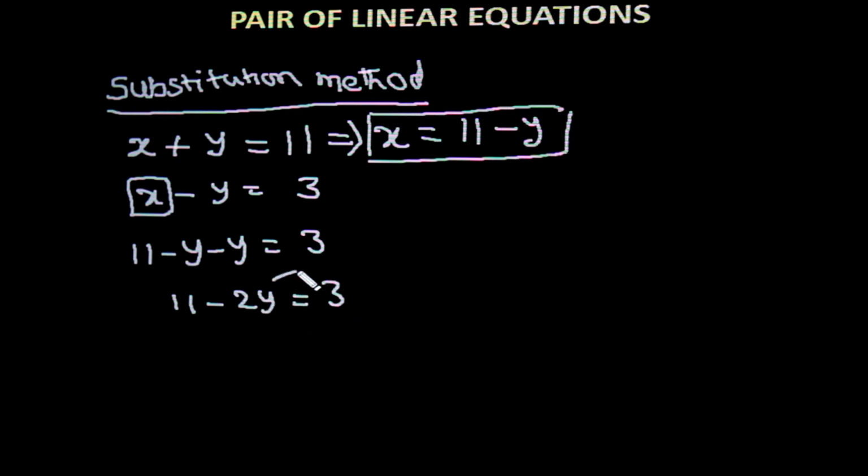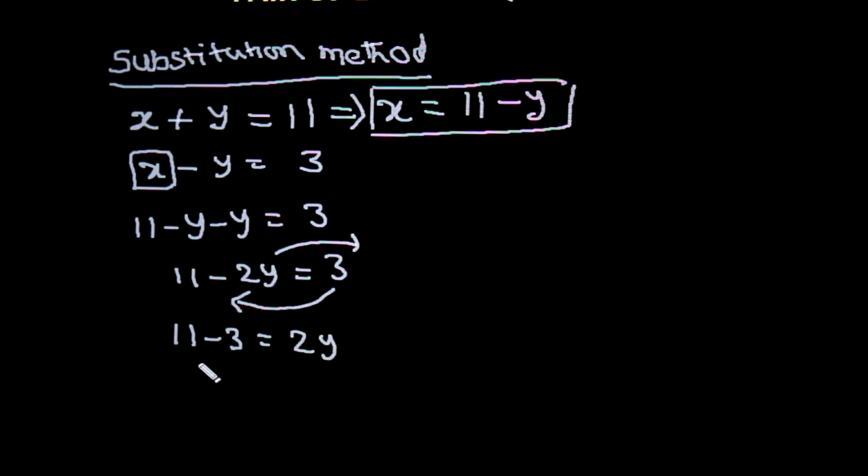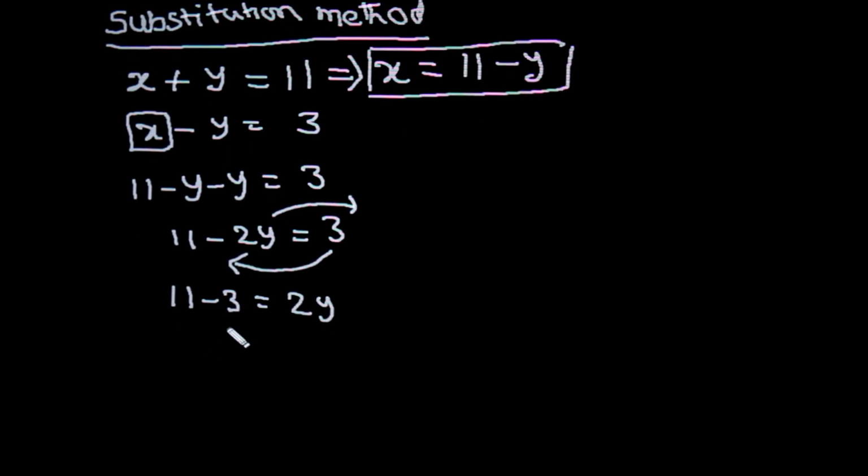Bring the minus 2y to the RHS and 3 to the LHS. Then 11 minus 3 is equal to 2y. 11 minus 3 is 8, which is equal to 2y. 2 fours are 8. Then y is equal to 4.